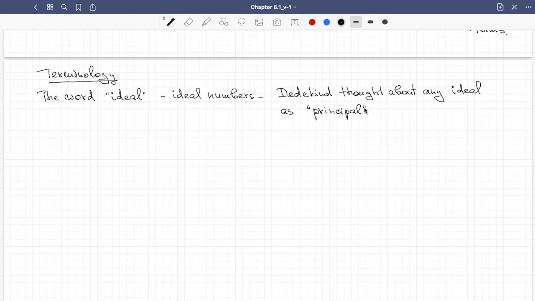He knew pretty well that not every ideal is principal, so he thought that this is sort of a principal ideal generated by an ideal number.